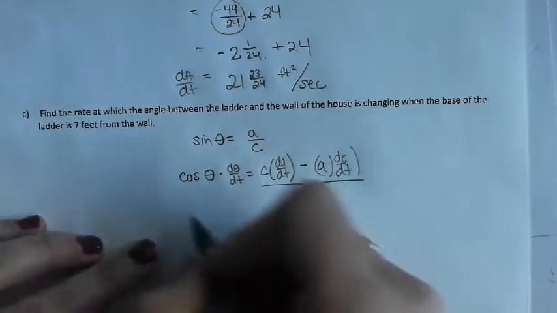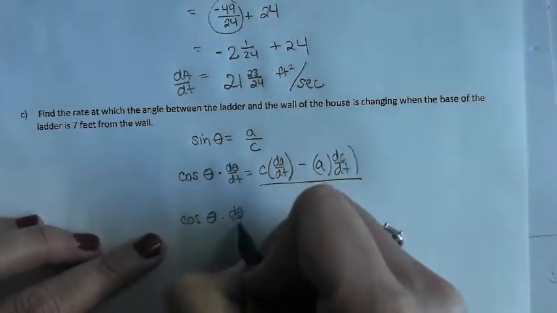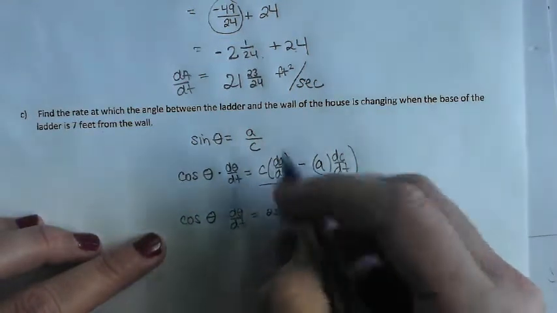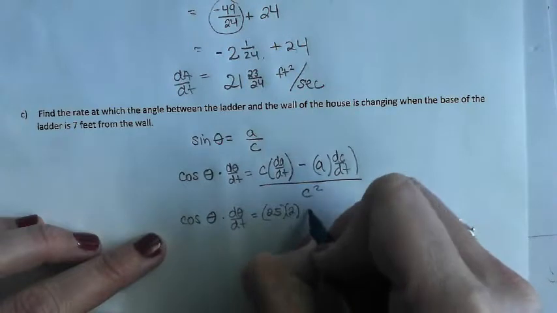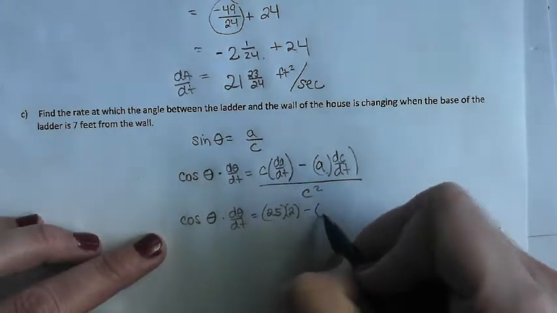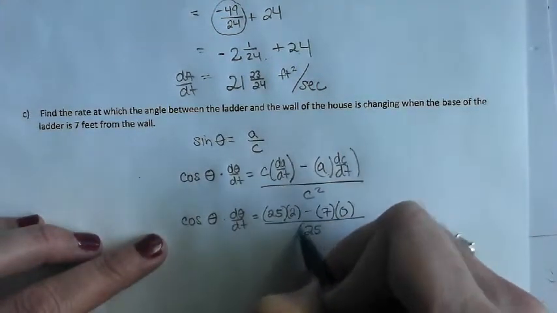Okay, plug in what we know. So we have cosine, we don't know theta, we don't know d theta dt. We know c is 25, we know dA dt is 2, minus a is 7, dc dt is 0, all over 25 squared.